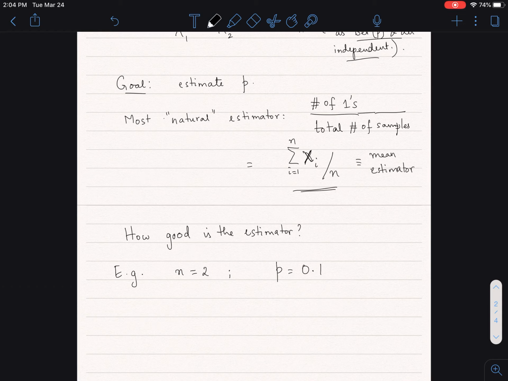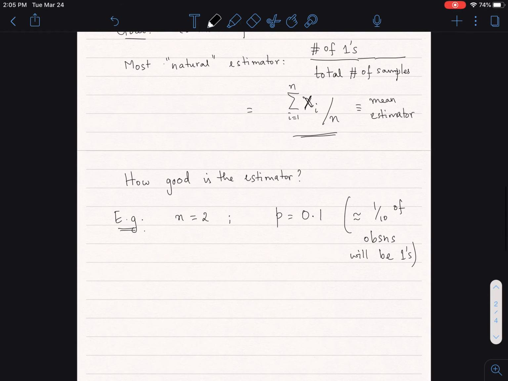So there's a 0.1 probability of seeing a heads. So roughly 1/10 of the observations will be heads, will be ones. Okay, so this is the first concrete example that we will consider. So let's see what happens.